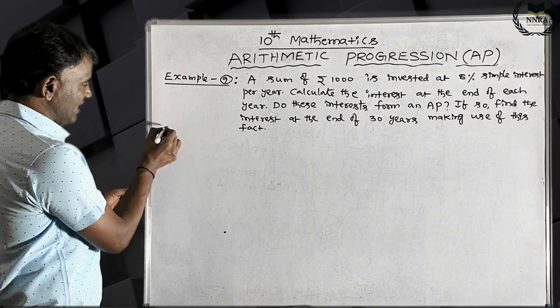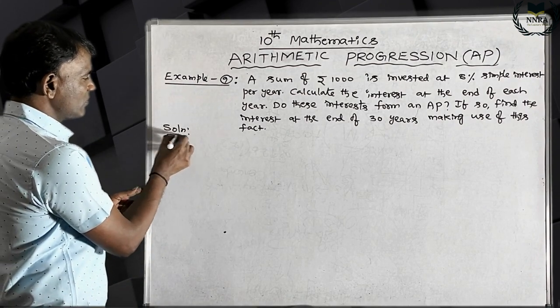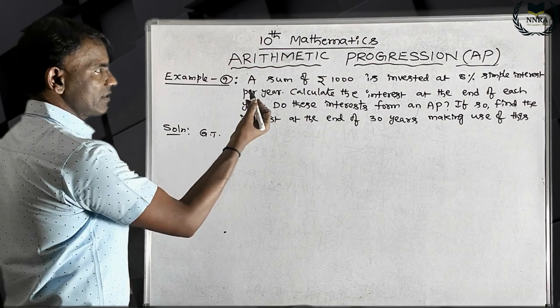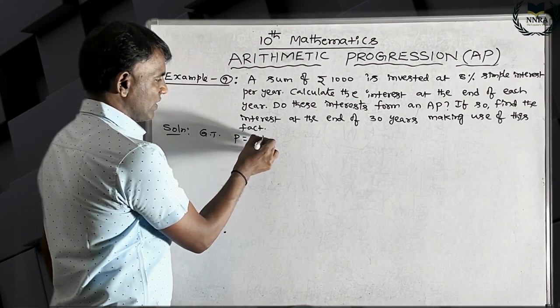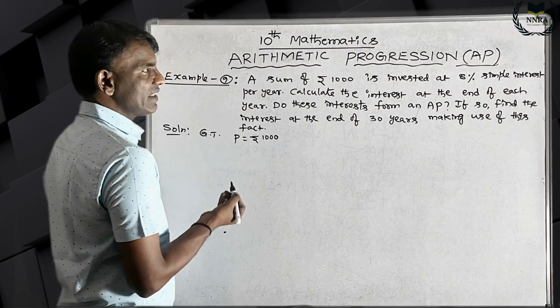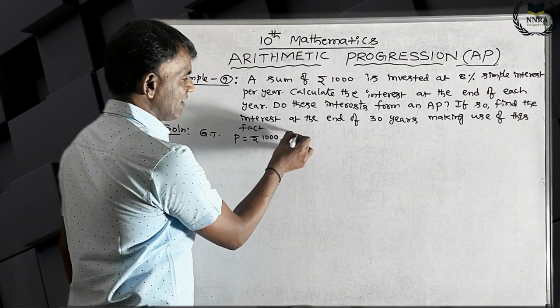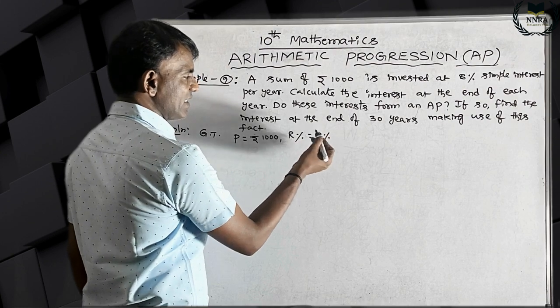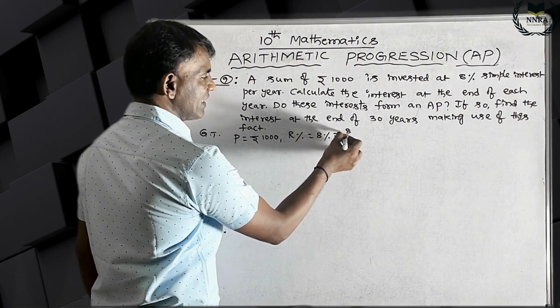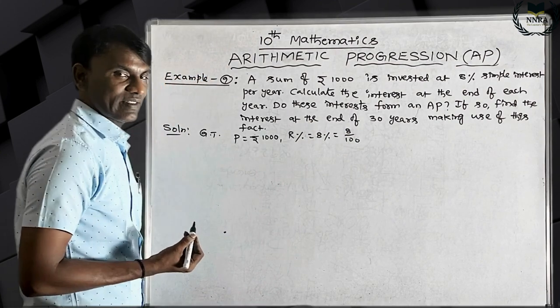So first we write the given data. What is the given data here? Given that P equal to how much is it? 1000 rupees. Clear? And the R value is also in percentage. If you want, just write R percentage equal to 8%. That can be written as 8 by 100.